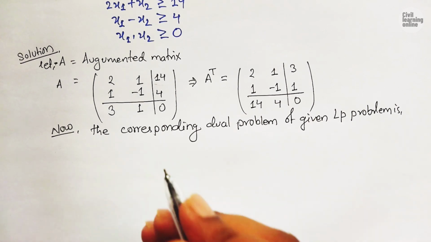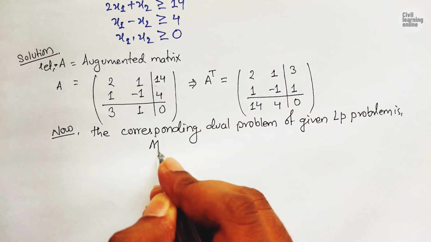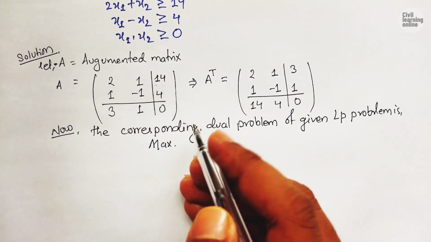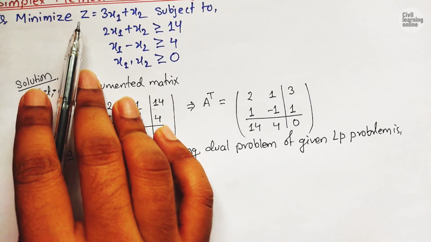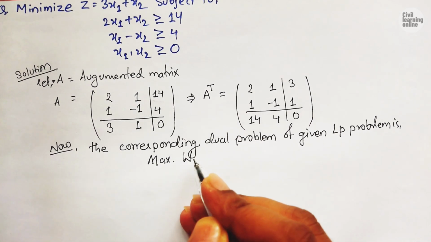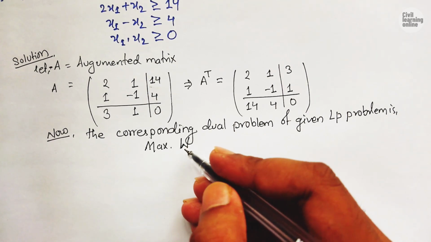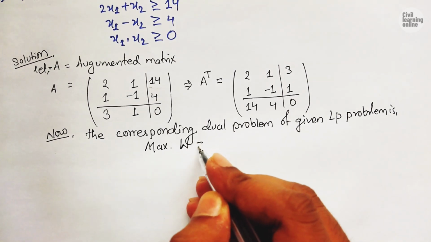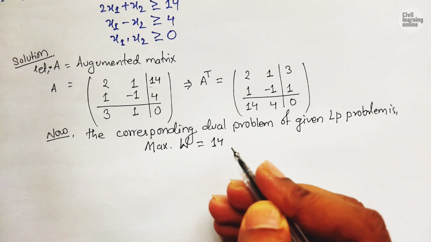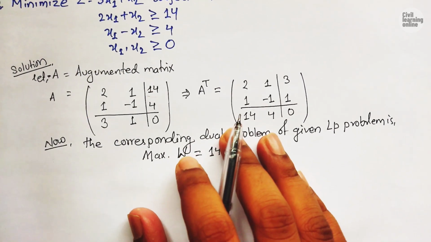Here the corresponding dual problem is going to be, we have to rewrite the question according to the matrix we have got after transposing. So we will write maximize, and in the question it was z, but we can take any variable. Let me take it W, capital W equals 14, and in place of x1 we will write y1.